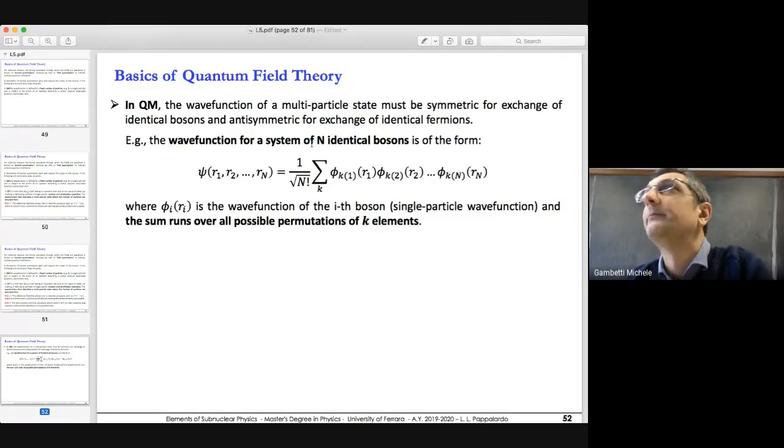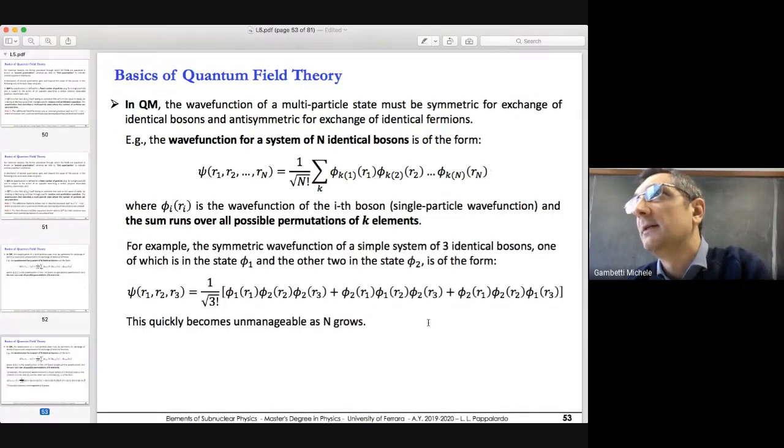This is the standard quantum mechanical description, where phi_i is the wave function of each boson that takes part in this multi-boson state. So each of those is a single particle wave function, and the sum runs over all possible permutations of these elements.